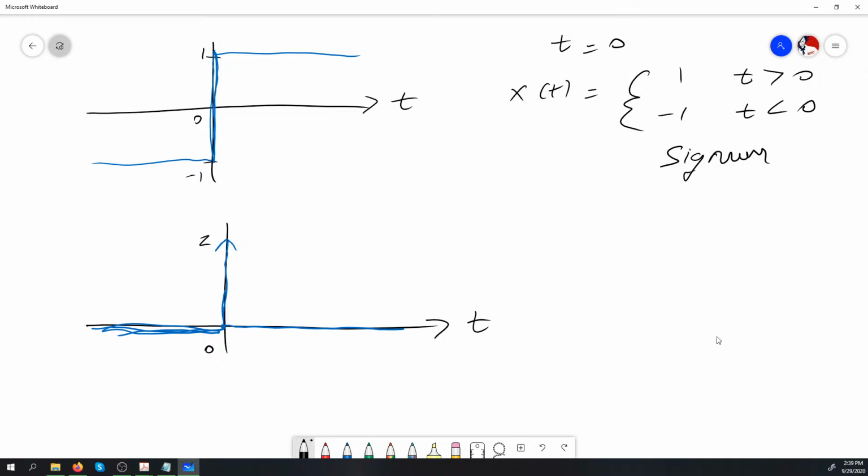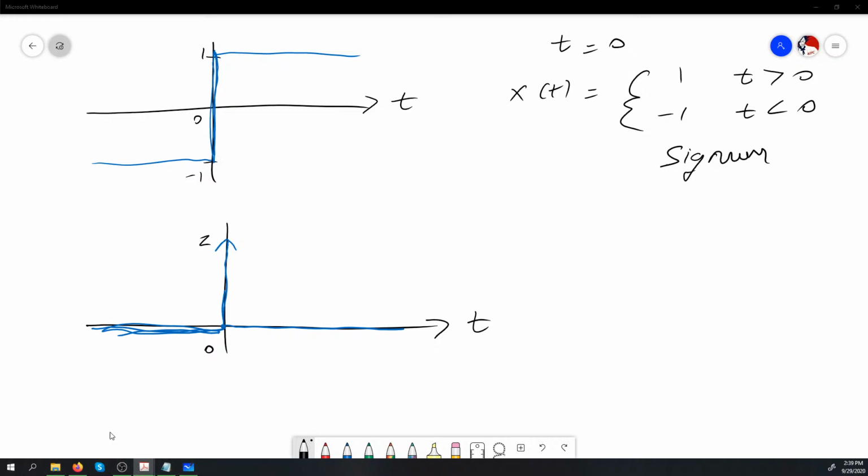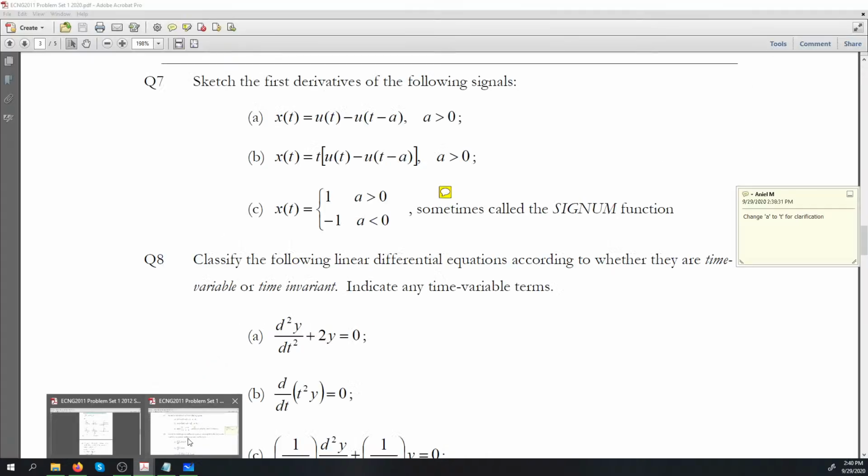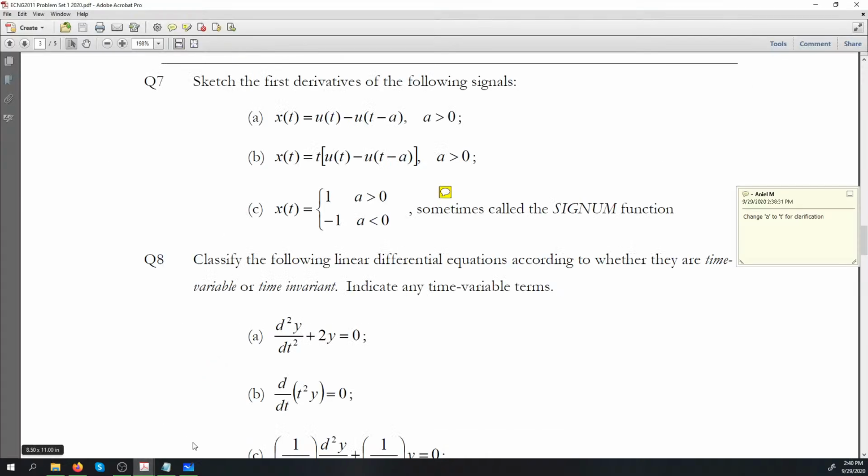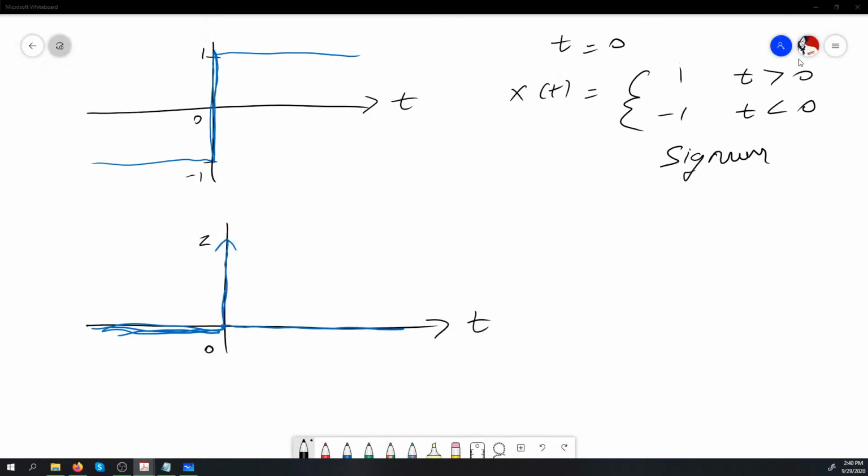Right. So that basically is supposed to be the end of question 7. Yep, that's the end of question 7.